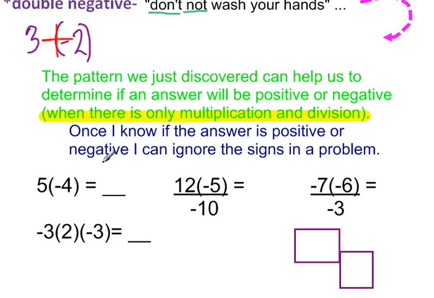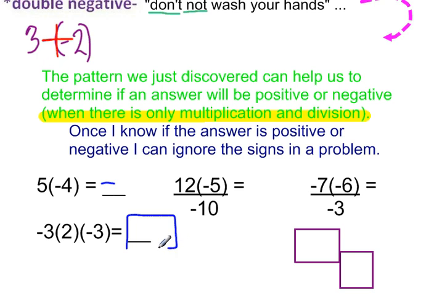So let's start here. How many negative signs are in this problem? 1, and I know that 1 is going to give me a negative answer. So I'm going to go ahead and write a negative here, and then I'm going to do the problem later. This problem, how many negatives are there? 2. This is going to be positive.